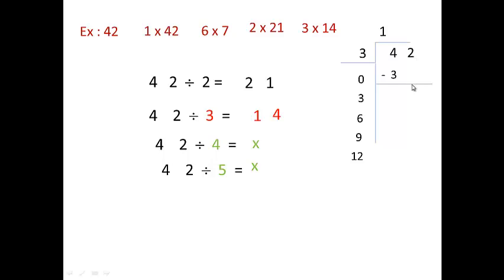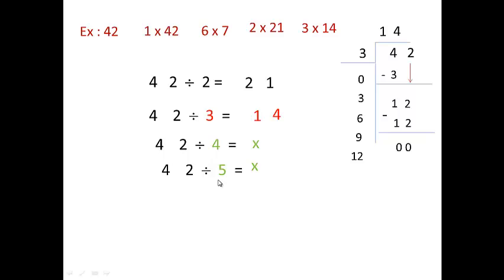Now drop 2. After subtraction, we have 12. 12 at which? 0, 1, 2, 3, 4, at 4. Yes, 14. 3 multiplied by 14. There are no factors at 4 and at 5.